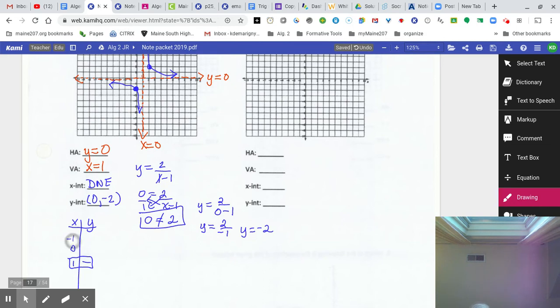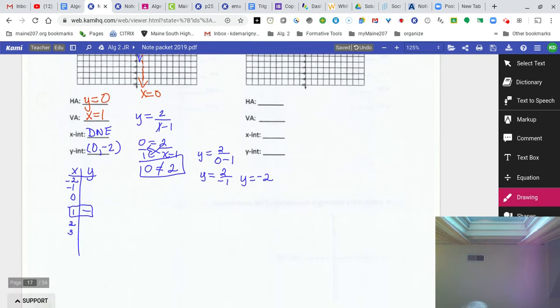So 0, -1, -2, and then 2, 3, and 4. And then I just substitute them in. That's it. I already have the y-intercept at 0, -2, so I'll just continue going in this direction.